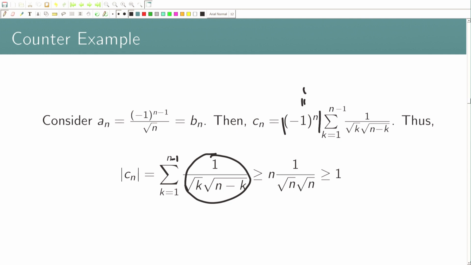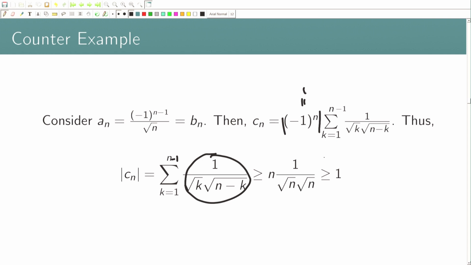Therefore, if I take the sum of all these terms, I have n minus 1 terms. So, this is going to be greater or equal to 1 for n greater or equal to 2, let us say.